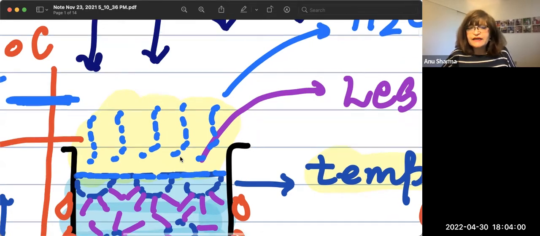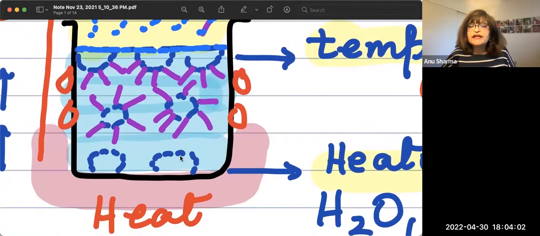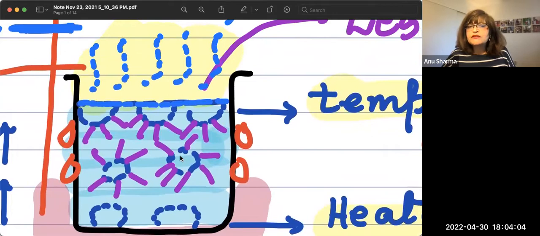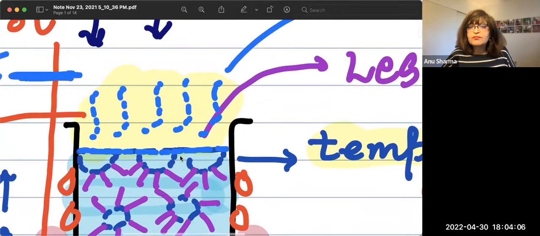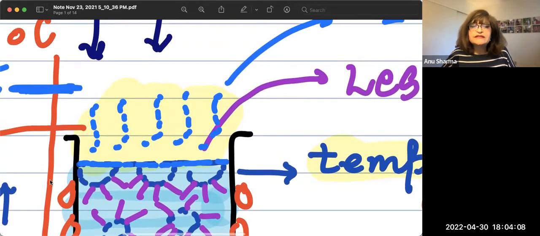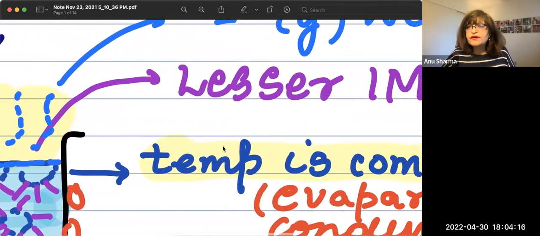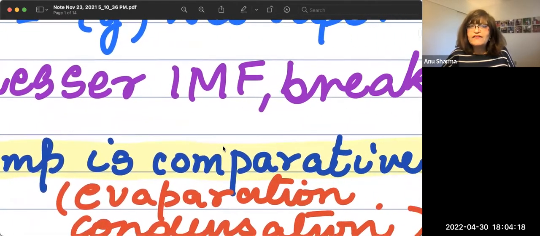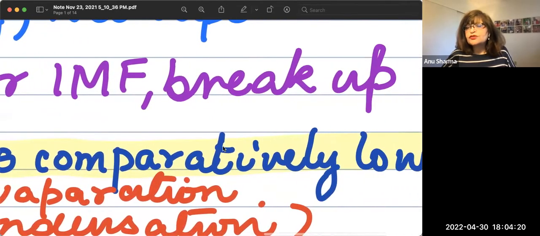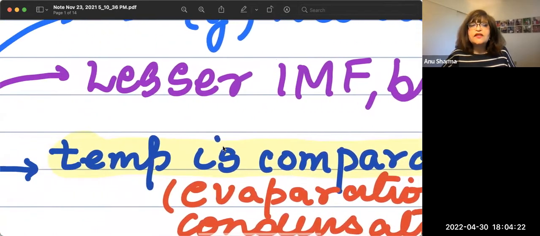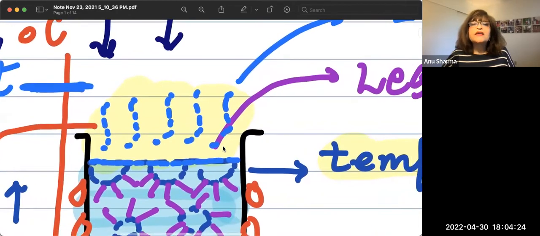As you continue to provide heat, as more and more bubbles are formed, the water is heated up more and more, the temperature rises, and we can see the temperature rising, and more vapors keep collecting at the top. These are called water vapor, and they have lesser intermolecular forces, so they break up, and they reach, and they stay here.